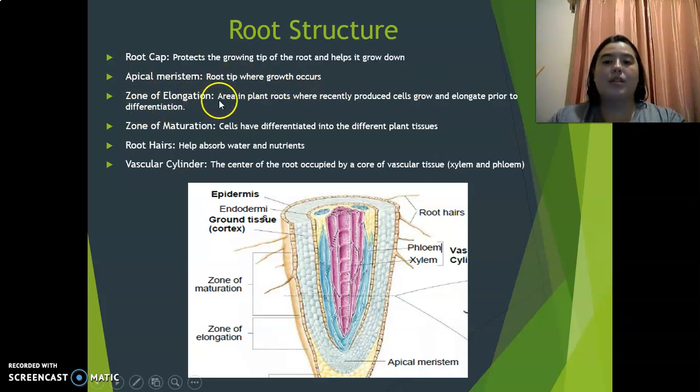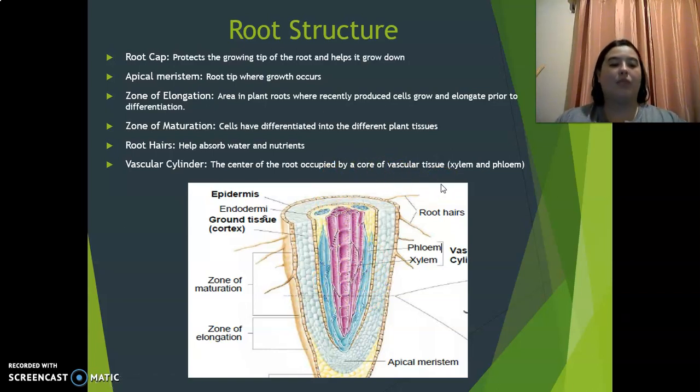Zone of elongation is the area in the plant root where recently produced cells grow and elongate prior to differentiation. Okay, so the next one is the zone of maturation, where the cells have differentiated into the different plant tissues. The root hairs, as you can see here, help absorb water and nutrients. And the vascular cylinder is the center of the root, occupied by a core of vascular tissue.